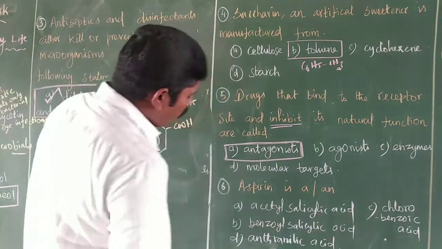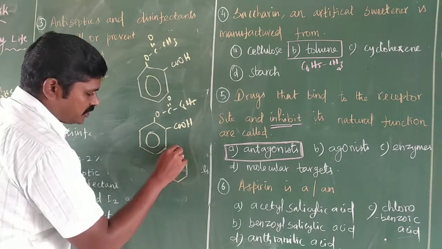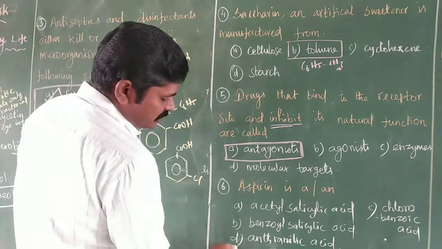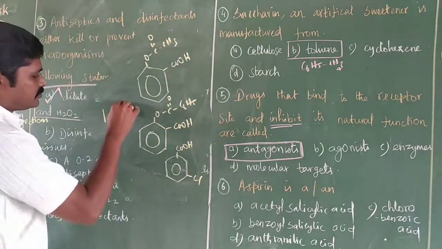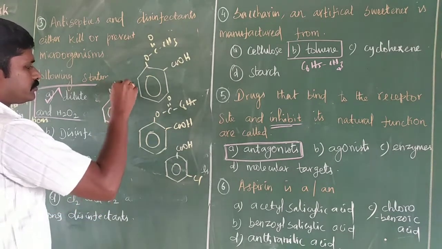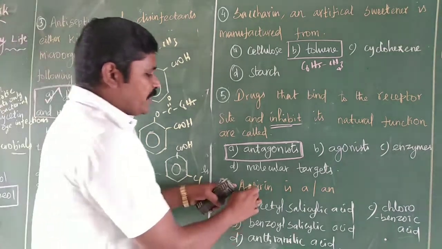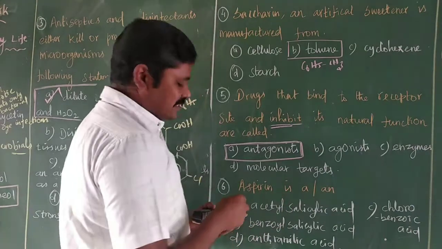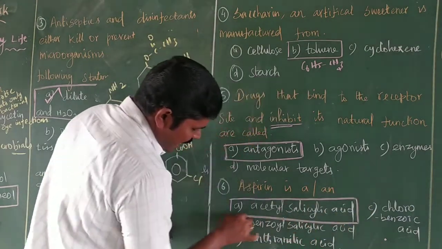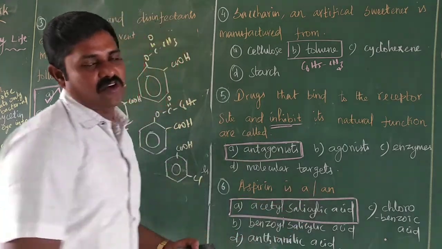Option C, chlorobenzoic acid, 2-chloro or 3-chloro, metachlorobenzoic acid. Option D, anthranilic acid. So aspirin is acetyl salicylic acid. Option A is the correct answer. Right?